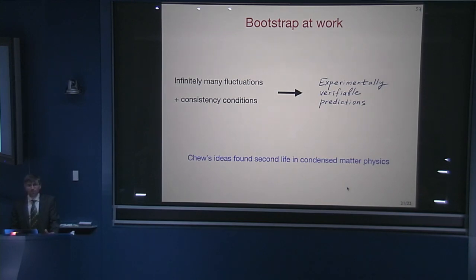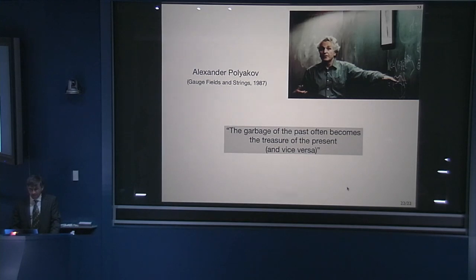This shows that every good idea is true to some extent, and it shows the great unity of physics. It also shows something that my PhD advisor and an early messiah of the Bootstrap, Alexander Polyakov, said in his book: that the garbage of the past often becomes the treasure of the present and vice versa. I'll stop here.